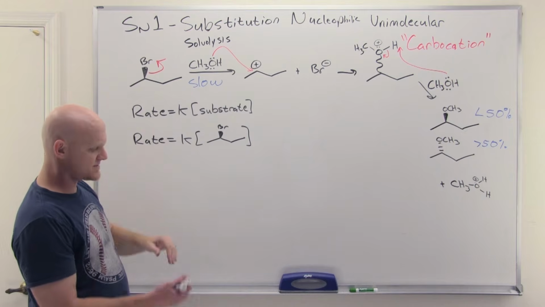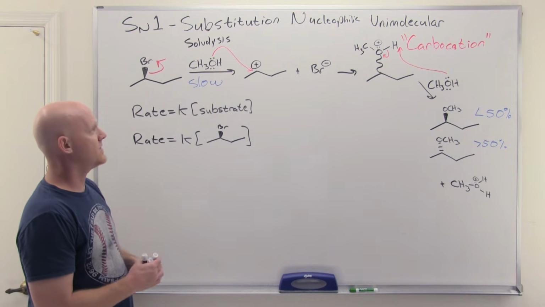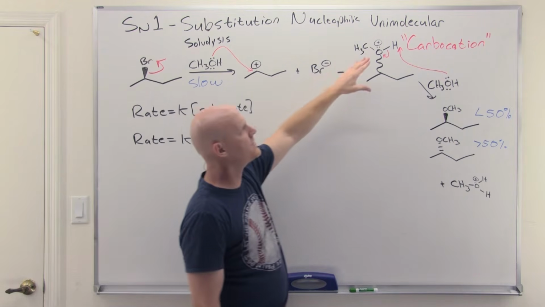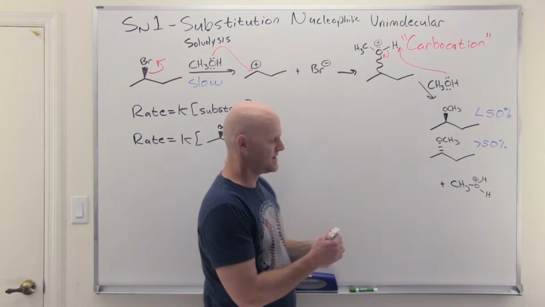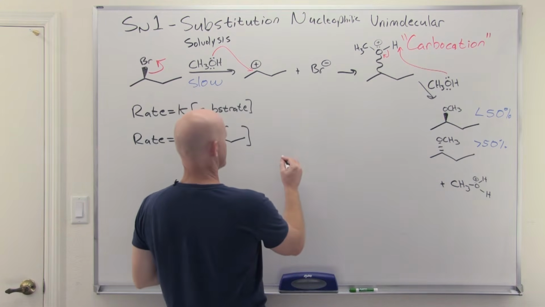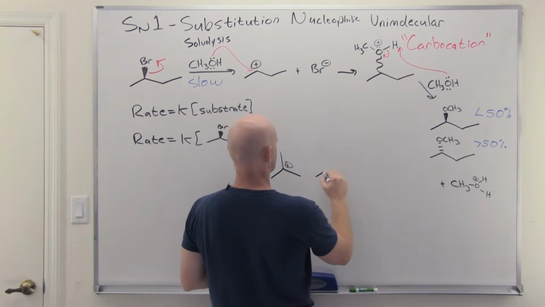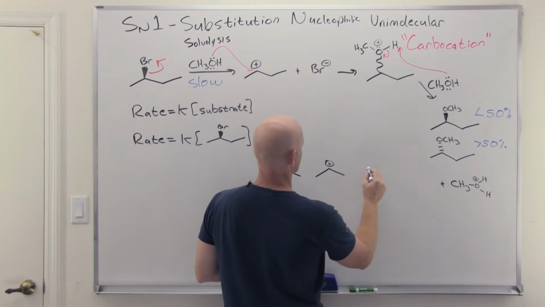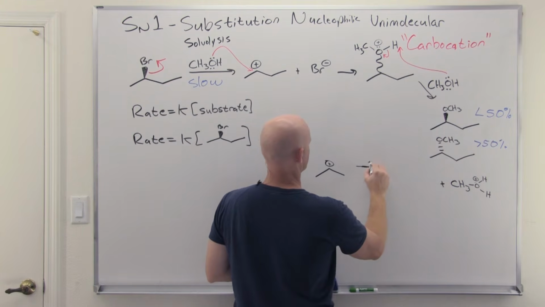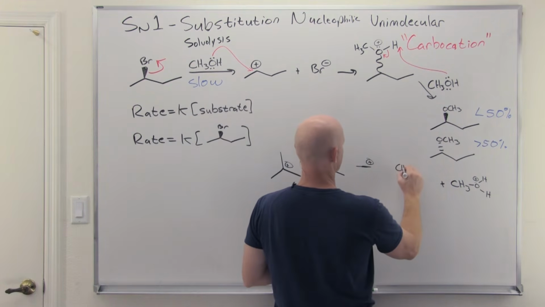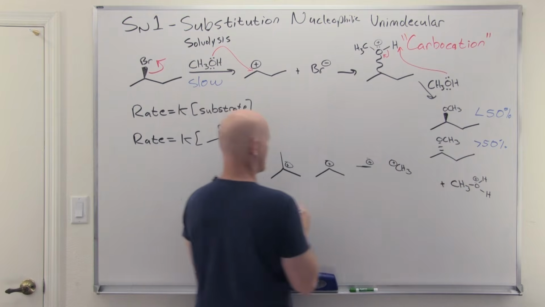So if we take a look at some of the substrate effects now, SN1 is all about the carbocation. And somewhere along the way, you guys learned that tertiary carbocations are more stable than secondary carbocations, are more stable than primary carbocations, are more stable than methyl carbocations.